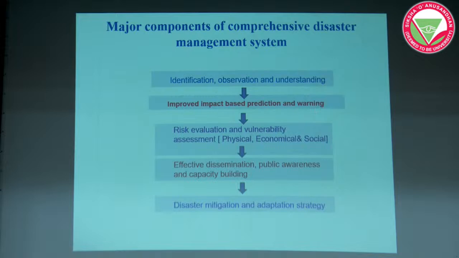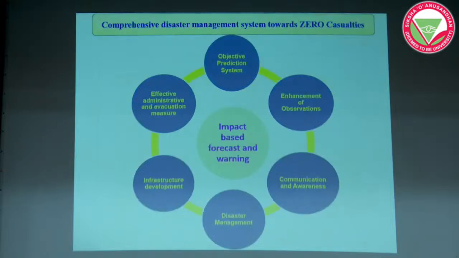So then, what should we do? We have to do something, and thanks to the Ministry of Earth Sciences, we now have much improved forecasts. Under that are IMD and a few other organizations like IITM, INCOIS, NCMRWF, and so on.